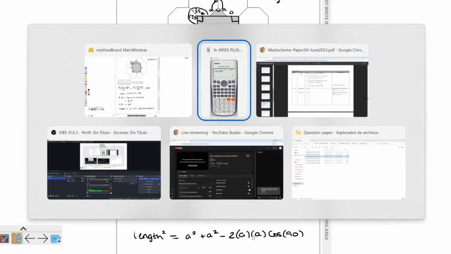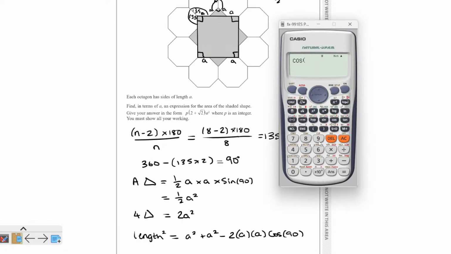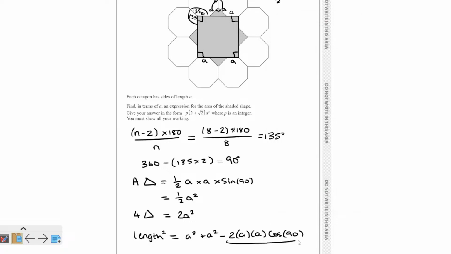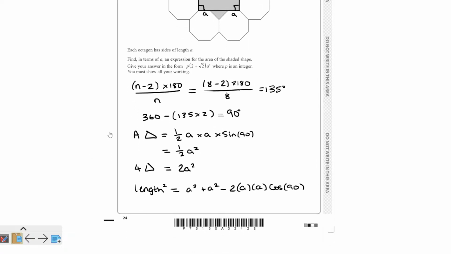Again, you might know what cos 90 is, but if not, you can look it up. Cos 90 is 0. So if I multiply all of this by 0, it's just not there anymore, is it? So that subtract section is no longer there. So all I'm left with is A squared plus A squared, which is 2A squared.